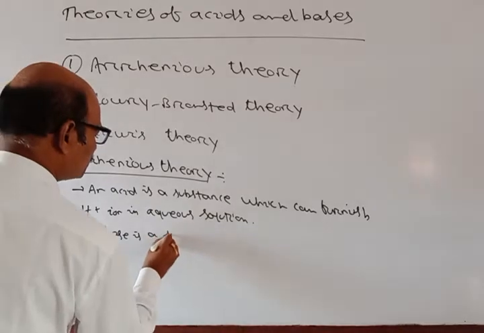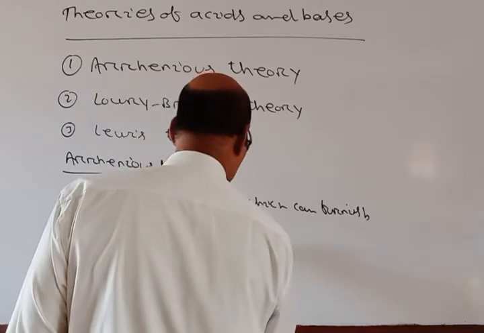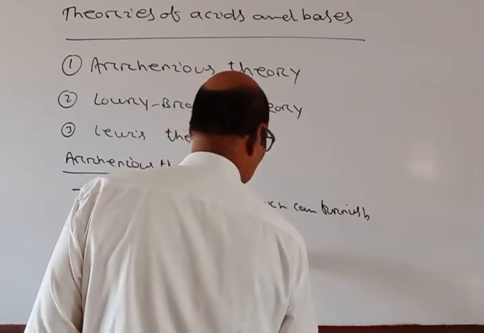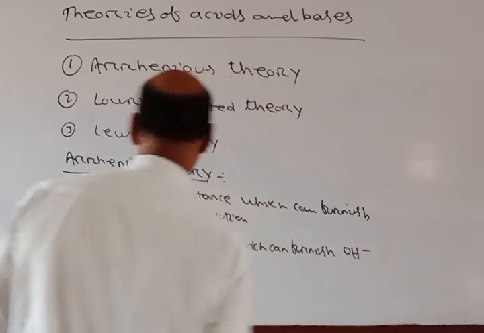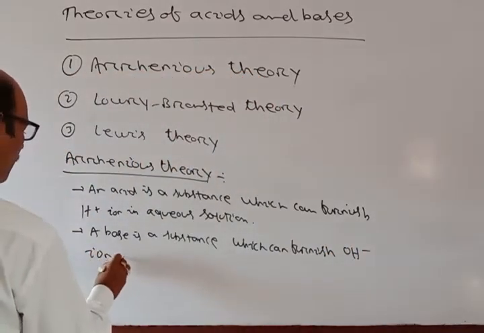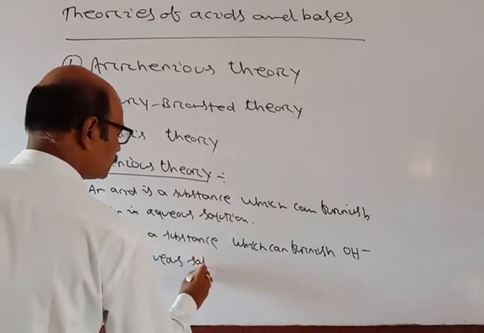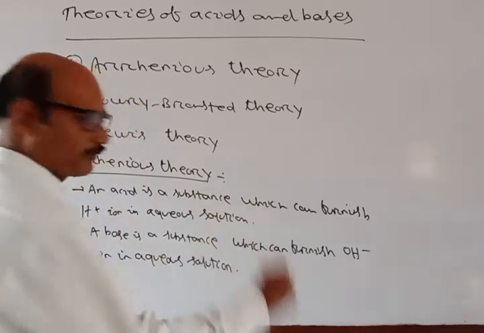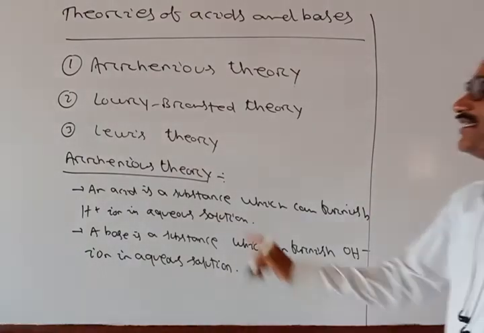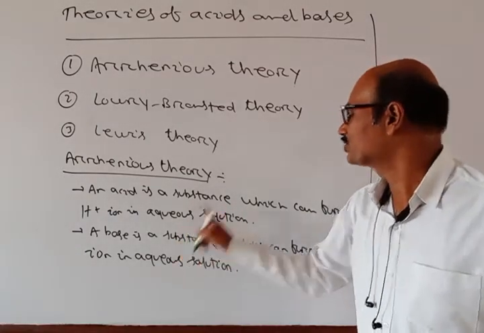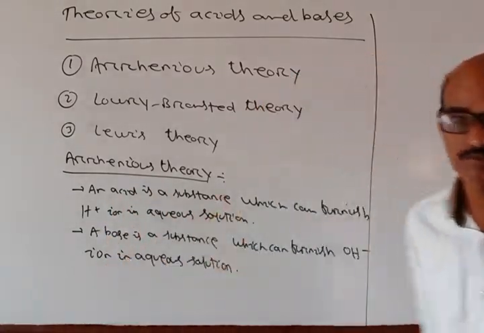A base is a substance which can furnish OH minus ion in aqueous solution. So what is an acid? An acid is a substance which can furnish H plus ion in aqueous solution.